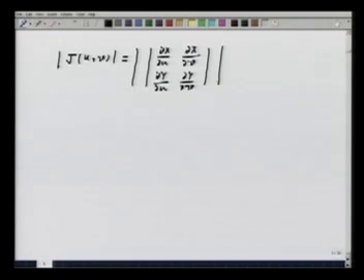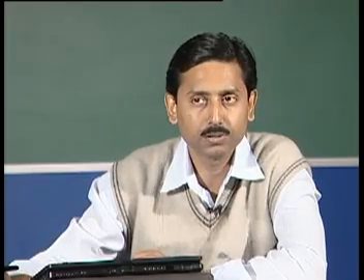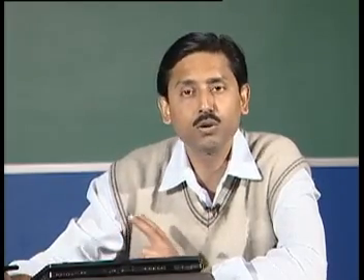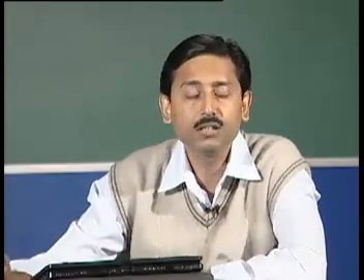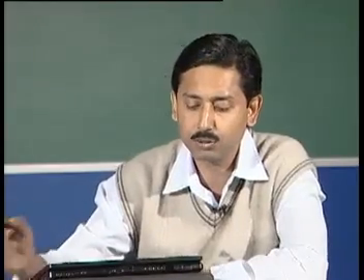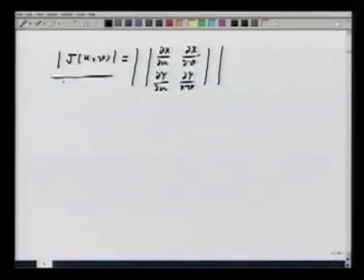That is, look at the function capital X. It is a function of two variables u and v. I look at its partial derivatives, one with respect to u, one with respect to v, and I put them in the first row of a 2 by 2 matrix. Then I look at the function capital Y, look at its partial derivatives, and put them in the second row. Then I calculate the determinant, and then I take the modulus of that determinant. That is what is denoted by mod J(u,v).